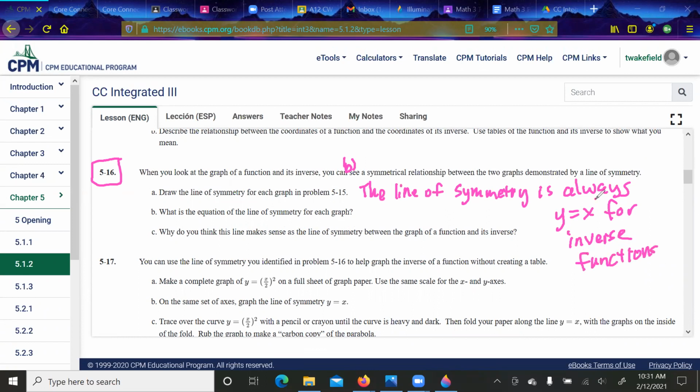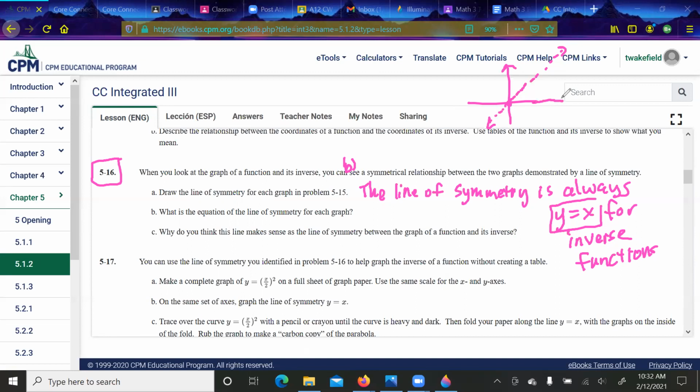It's always going to be y equals x, that diagonal line that goes through 0, 0. It always goes through 1, 1, 2, 2, 3, 3, 4, 4. That's how you know where to draw it. It's where the x and the y are equal to each other.